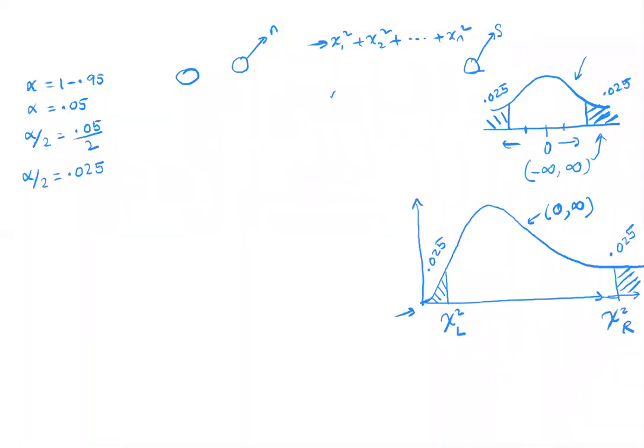Chi-square distribution has an interesting property. This is something you must pay attention to. So everybody, please pay attention to this, because this is where students go wrong.